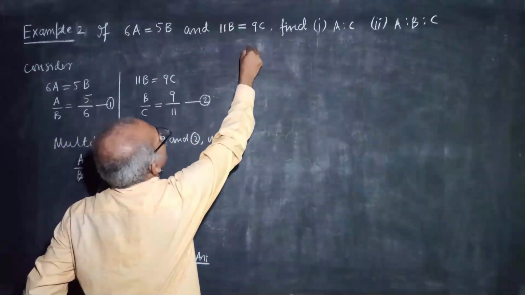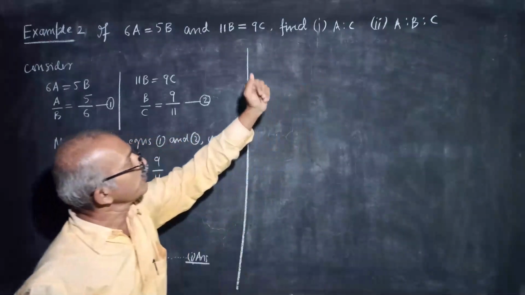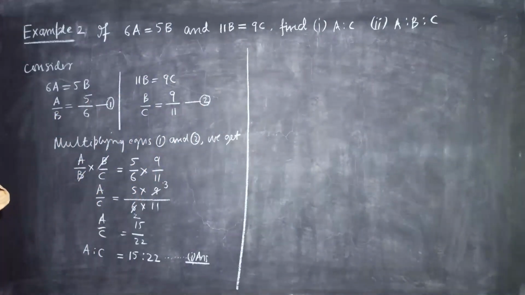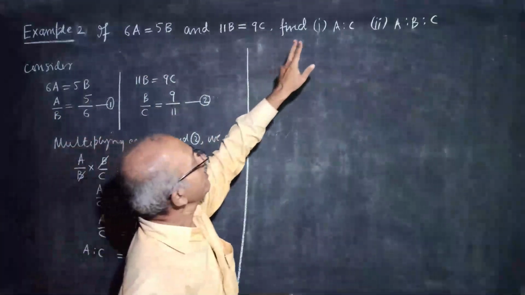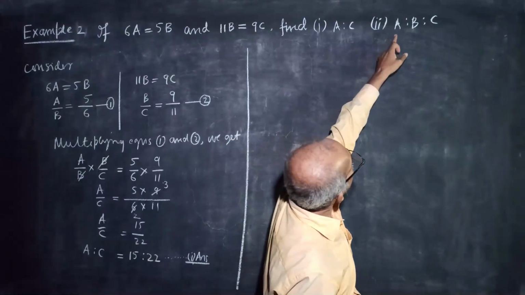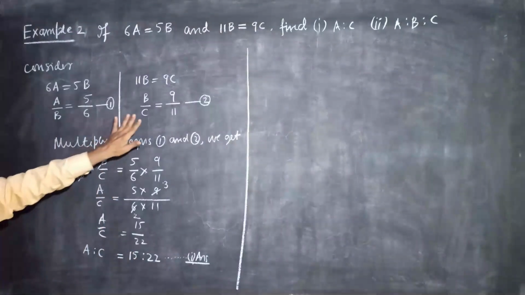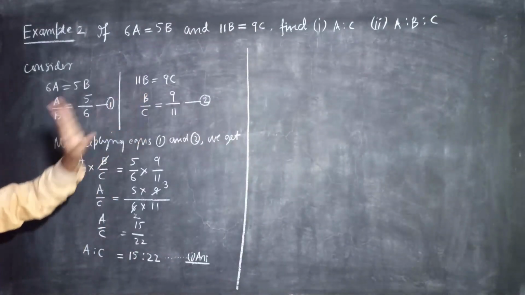Now, having done the first part of the problem, now we should go for the second part. Observe one thing, here b is not there, a is to c is asked. Here a is to b is to c is asked. So by taking these two, we should get that.